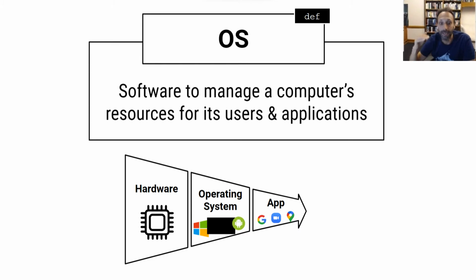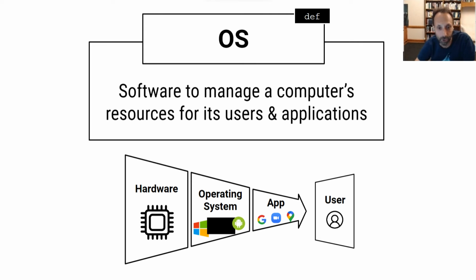Without it, every application would have to be written for your kind of machine, your kind of screen and your kind of mouse. The operating system handles all that stuff. So it'd be unbelievably horrible without an operating system.